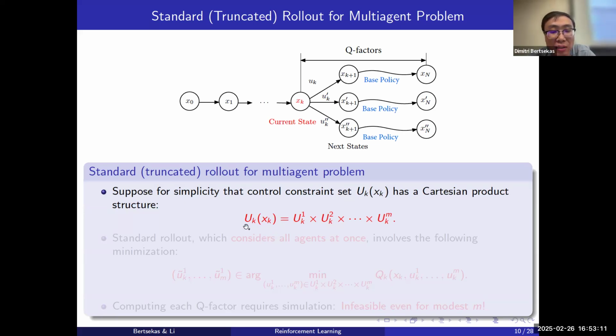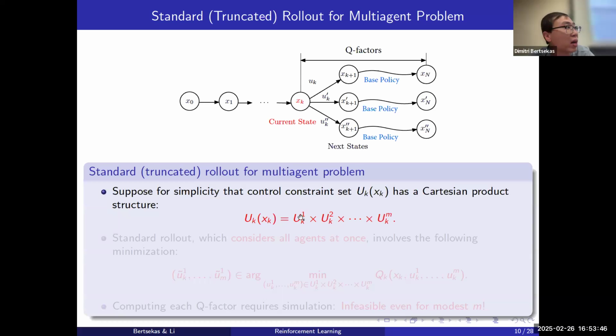Essentially, this means that given the current xk at stage k, each agent can choose its control independently within its control constraint set, right? So for the first agent, regardless of what control is selected, it does not impact the feasibility of the controls selected by other agents.